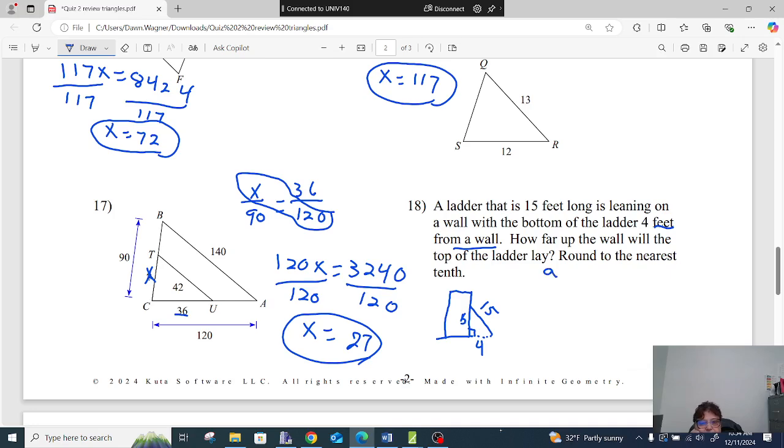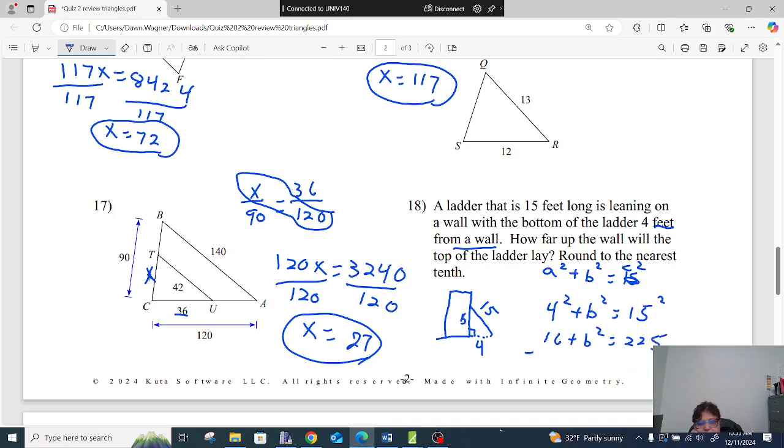So you're going to use a squared plus b squared has to equal c squared. So I'm going to do 4 squared plus b squared has to equal 15 squared. 16 plus b squared has to equal what, 225?